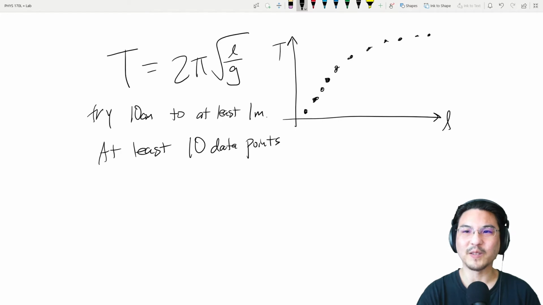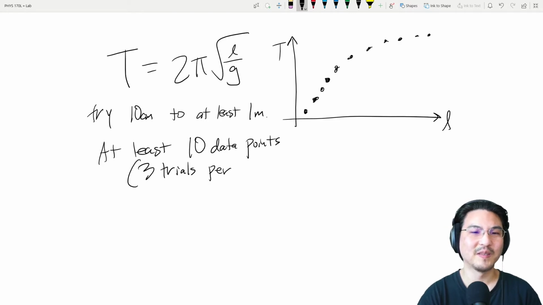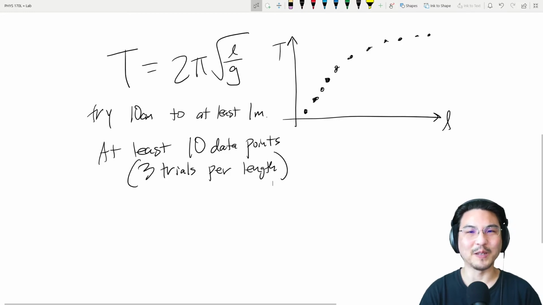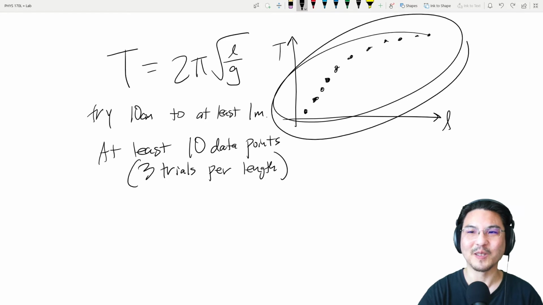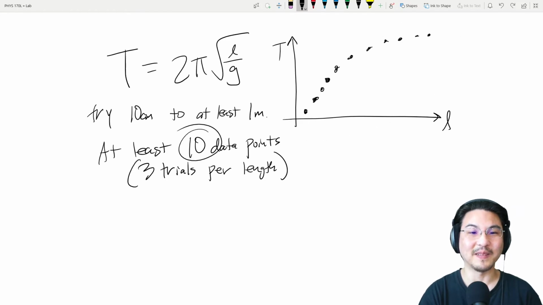And then because you're taking so much data, how about we go 3 trials per length? Right, when we did mass and angle, we did 5 trials each, but since you need a lot more data, even 10, you may need more, like 15 to 20 data points to see this pattern, at least 10.